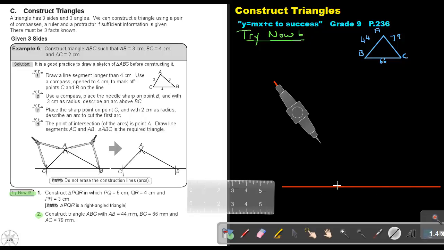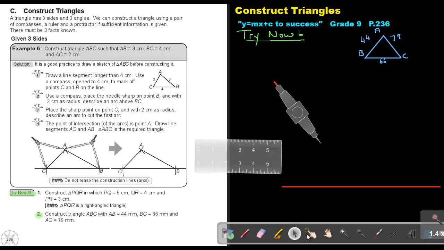It can be longer than 6. So, there is my line. Now I'm going to take my compass and my ruler.